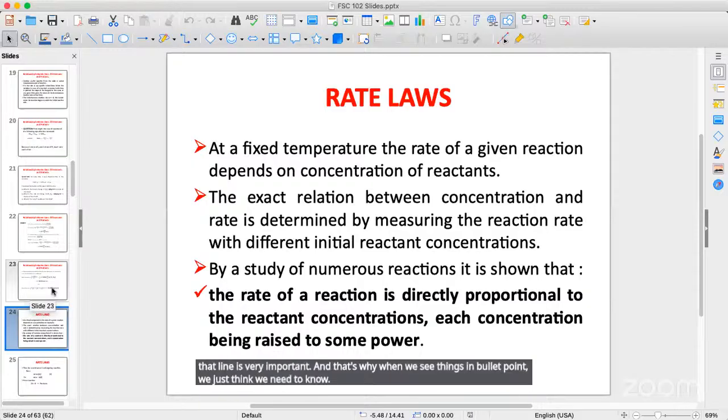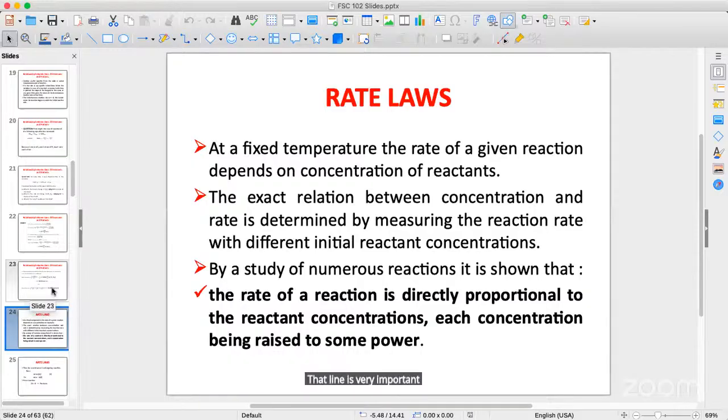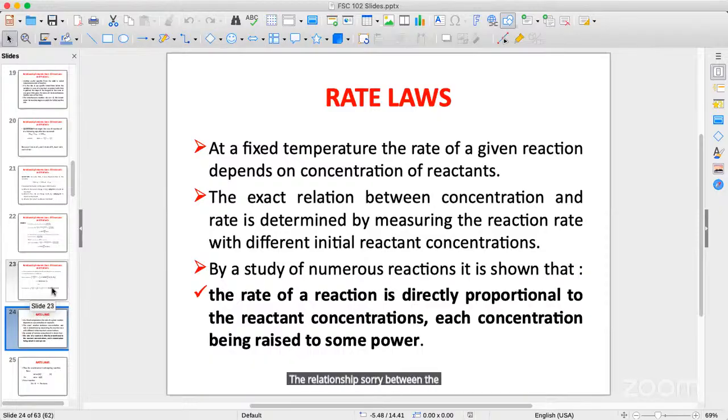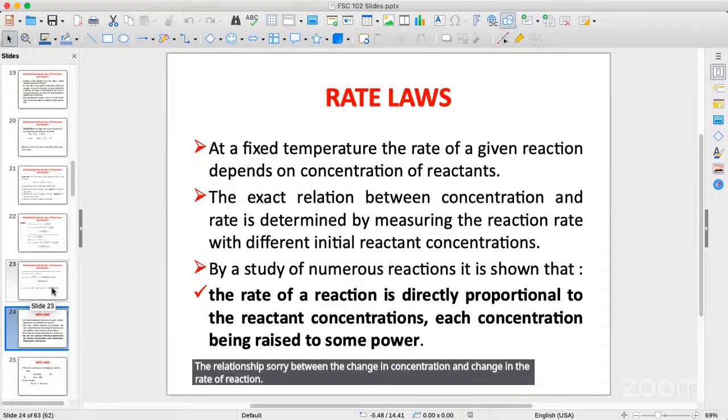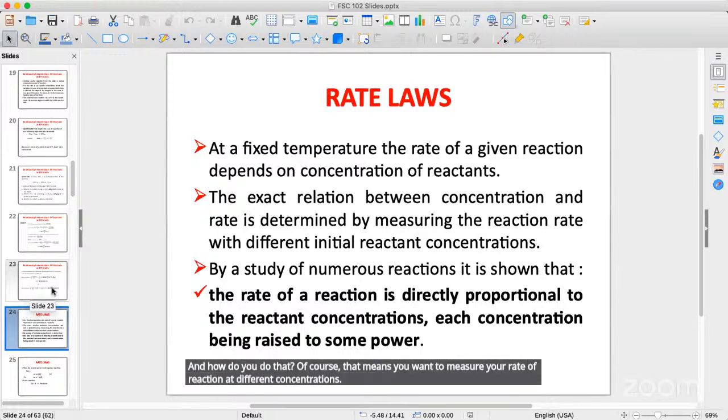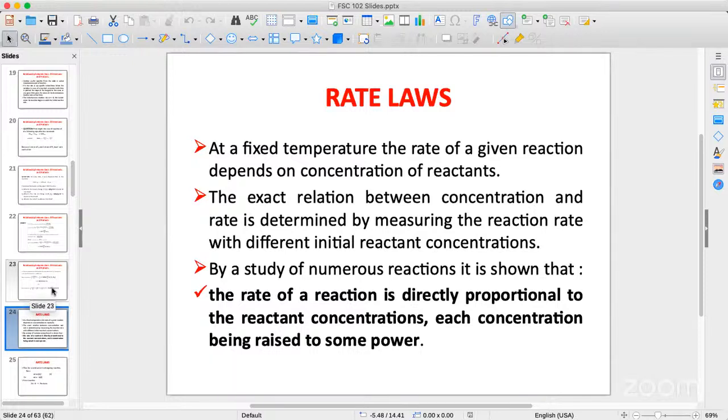No, that line is very important because it speaks to what I said: you want to determine the relationship between the change in concentration and the change in the rate of reaction. How do you do that? Of course, that means you want to measure the rate of reaction at different concentrations.